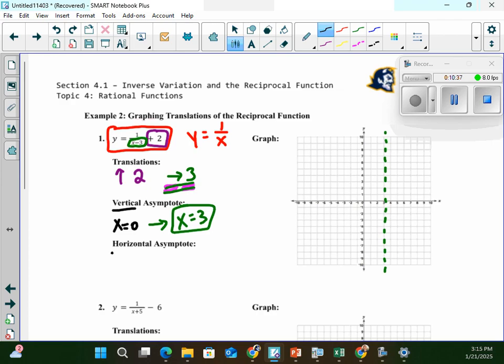Similarly, for the horizontal asymptote, the original horizontal asymptote was y equals 0. Since we are moving this up 2 units, this new horizontal asymptote is going to become y equals 2. And I can go ahead and plot that again with a horizontal dashed line.